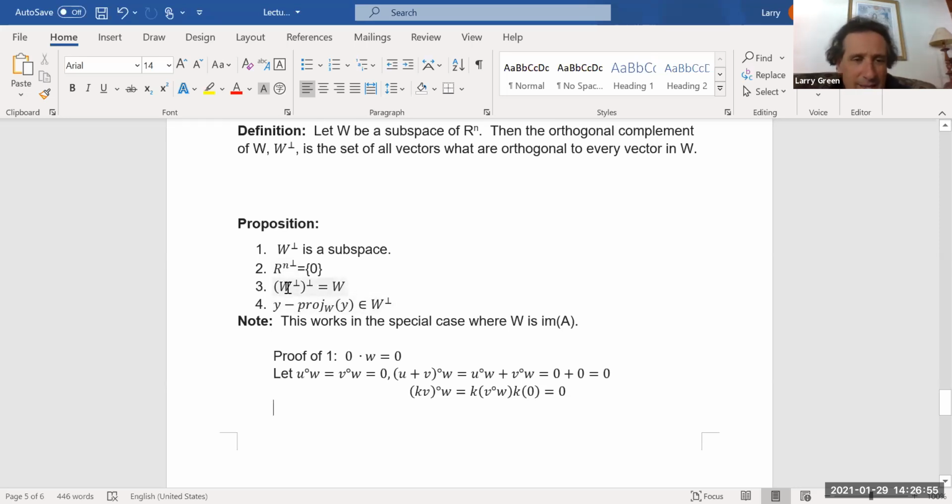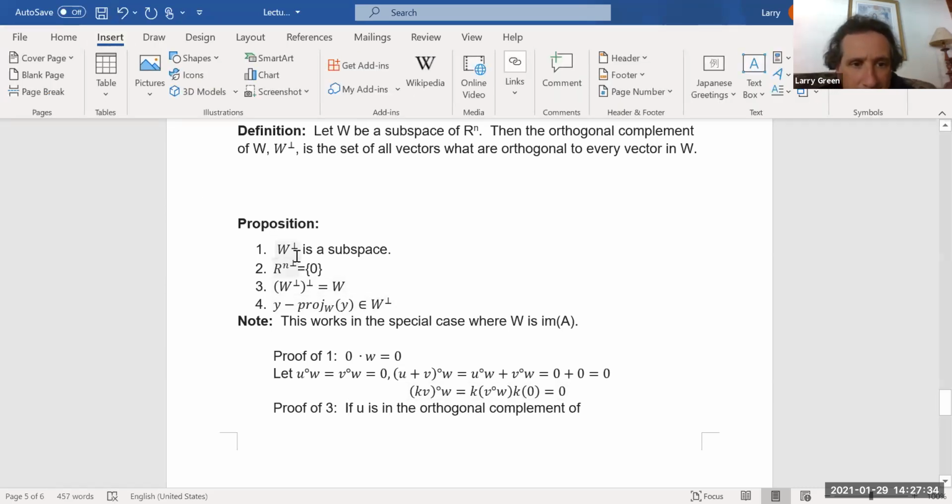Number 3 is that the orthogonal complement of the orthogonal complement is what you started with. That's actually really easy to prove. Say U is in the orthogonal complement of W perp.